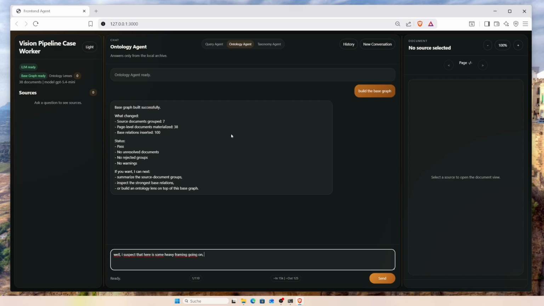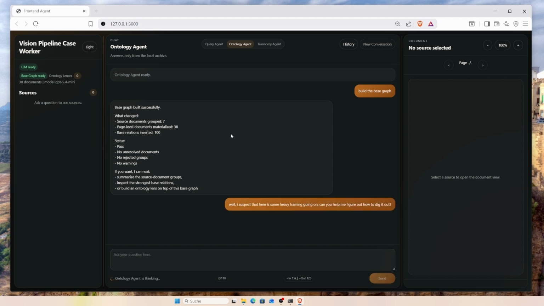Can you help me figure out how to dig it out? You can talk to it in whichever way you want, and the agent will help you.